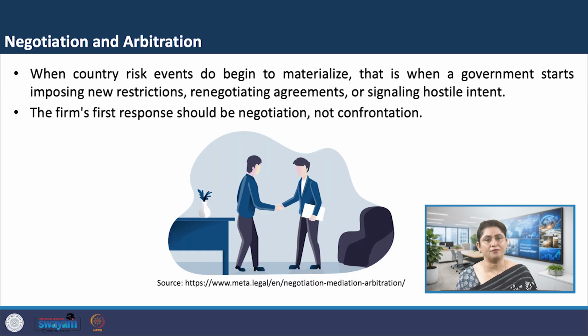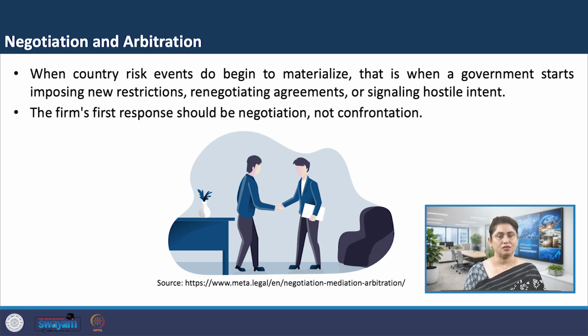Despite all of the firm's proactive efforts, the host country government may still start imposing new restrictions. It may renegotiate an existing agreement on unfavorable terms. It may still signal hostile intent through regulatory actions or public statements.